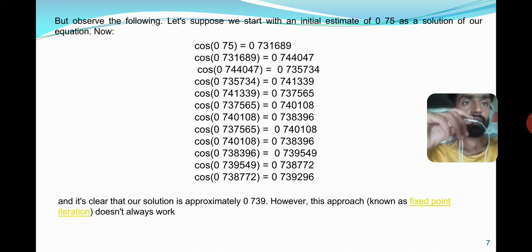Now cos(0.75) equals 0.731689. cos(0.731689) equals 0.744047. cos(0.744047) equals 0.735734. cos(0.735734) equals 0.741339. cos(0.741339) equals 0.737565.